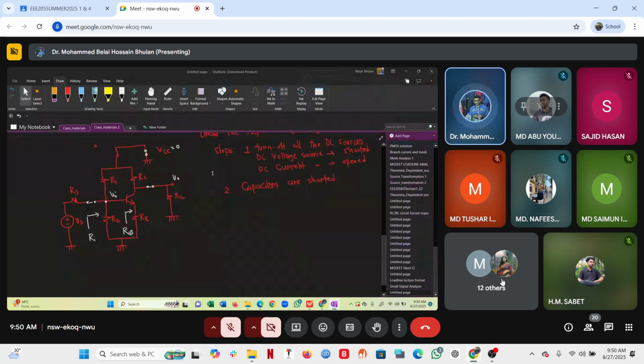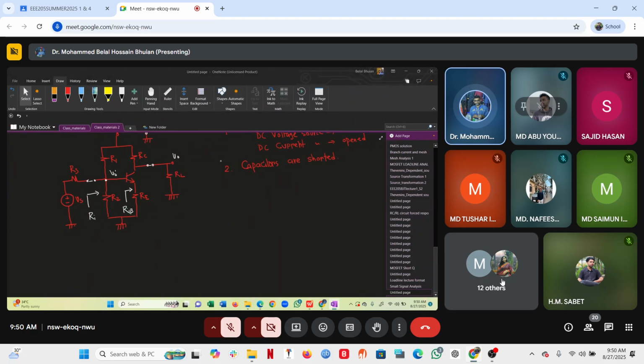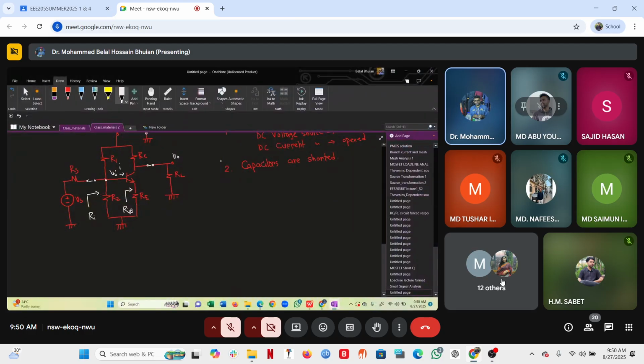So now, the base current is IB. This is our VBE. We know that IB is equal to VBE divided by r pi.